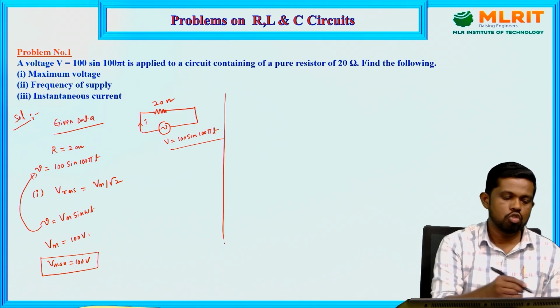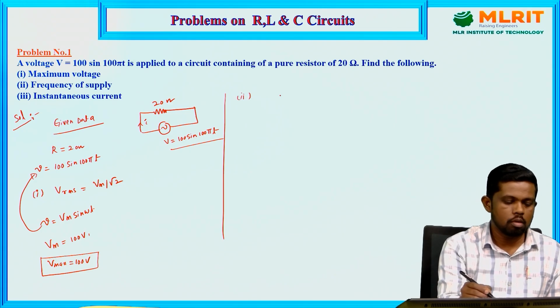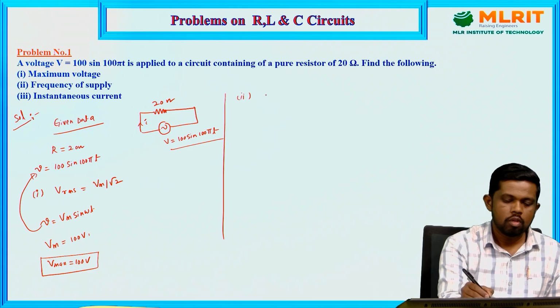Question number 2 is the frequency of the supply. We compare the two equations again. Omega t equals 100 pi t, so the t gets cancelled and omega equals 100 pi.